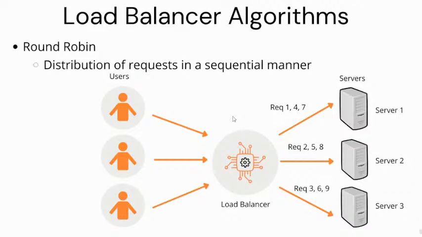First, the request is received by the load balancer, then it is forwarded to server 1. The next request will be forwarded to server 2. The following one will go to server 3, and the exact same pattern will be followed to handle the next set of requests.